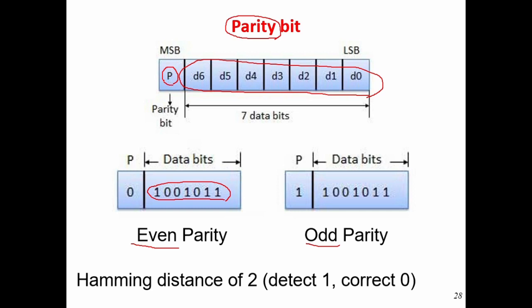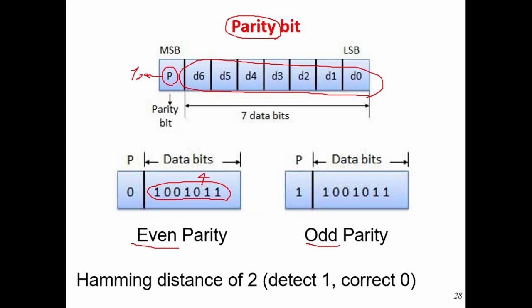But what is the value of this location? Could be either 0 or 1, right? This is binary. So if you want to work with even parity, you need to count the number of ones in the sequence that you want to pass on as the information, right? Now the number of ones here is 4, and 4 is already even.